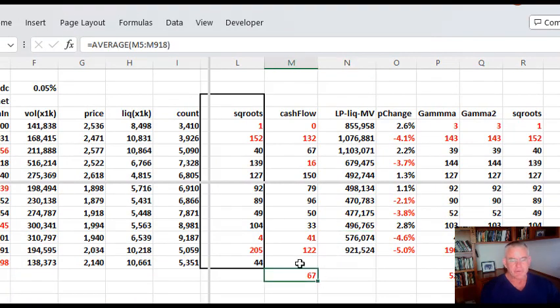Here's the cash flow formula, this is 67. The units here are average per day. These are in thousands. So $67,000 per day. It was a lot more before because they used to be bigger. So right now it's only 55,000. But using that gamma method with the option theory, you get 52,000.